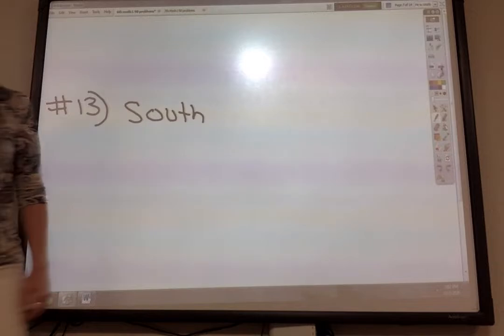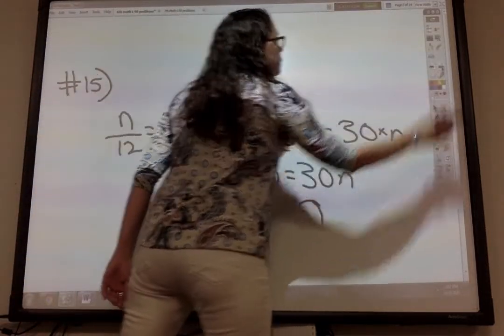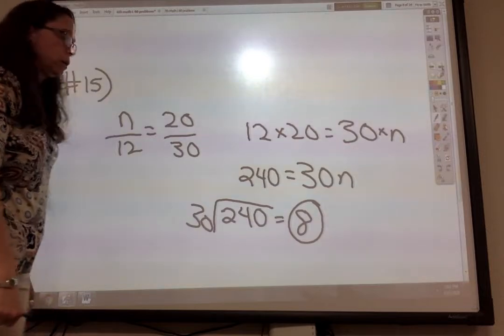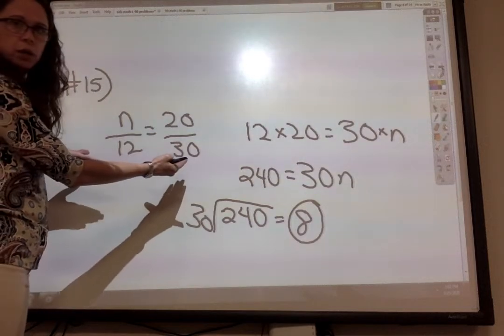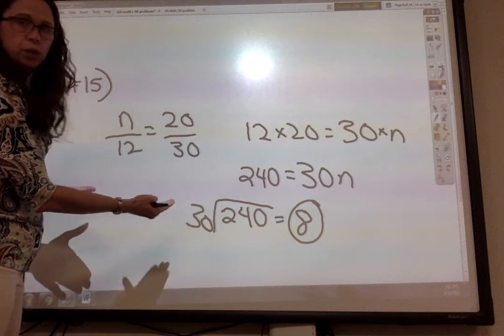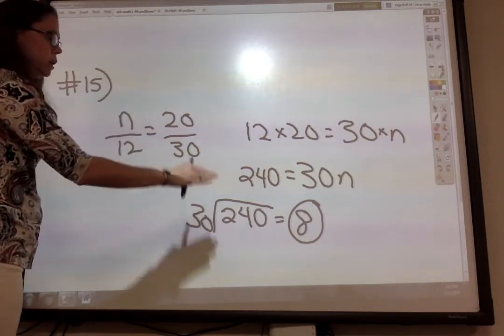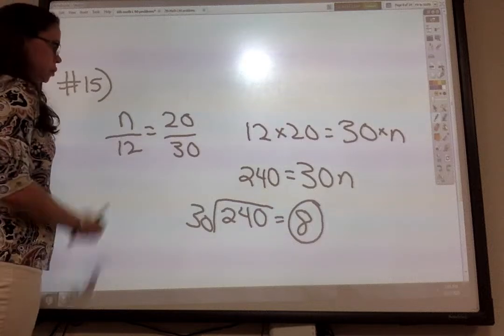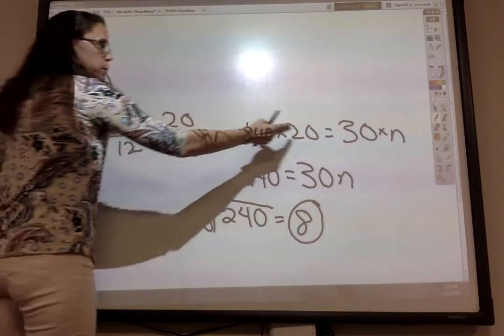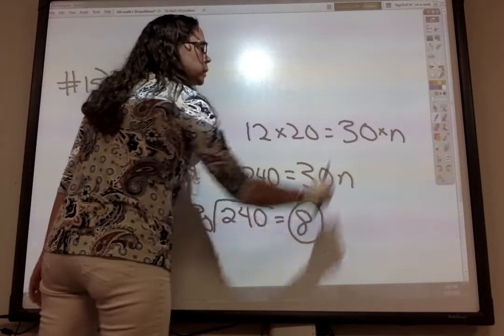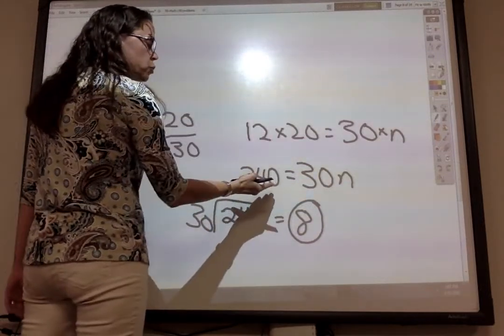Our next one is number 15. Number 15 is solving a proportion with a missing number. We know that if 2 fractions are equal, they form a proportion. And the nice thing about proportions is they also have equal cross products. So I'm going to multiply 12 times 20, and that has to be equal to 30 times n. 12 times 20 is 240.